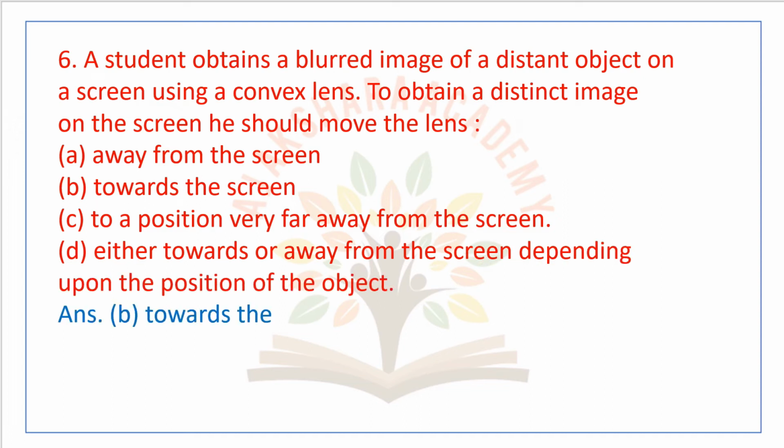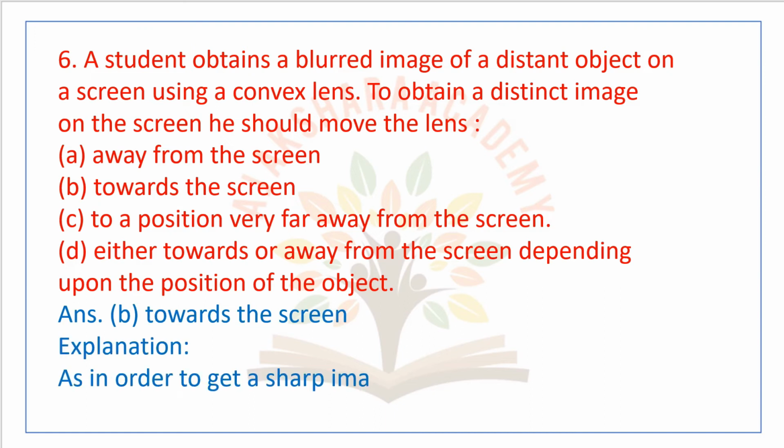Now let us discuss. In order to get a sharp image, the screen should be near to the lens. So that's why, to obtain the distinct image on a screen, he should move the lens towards the screen.